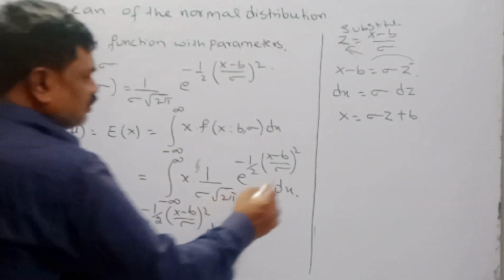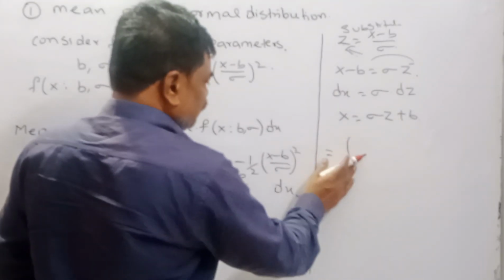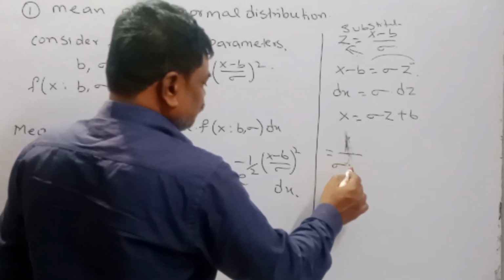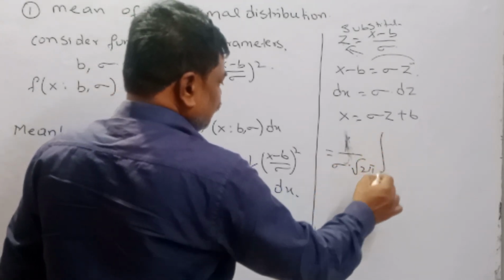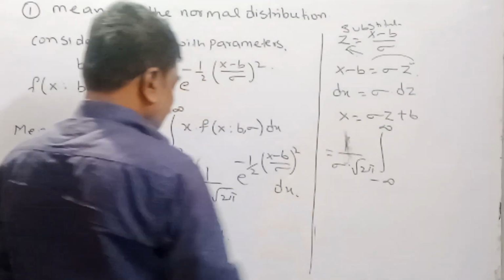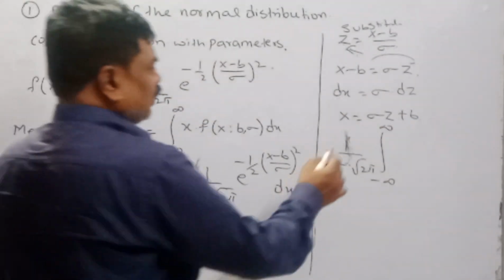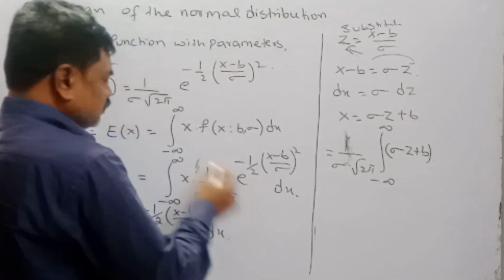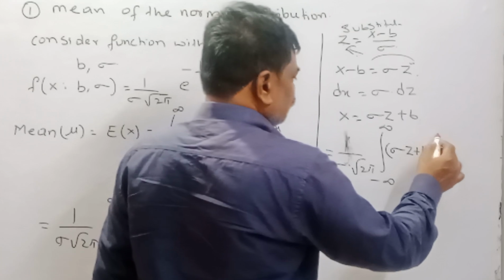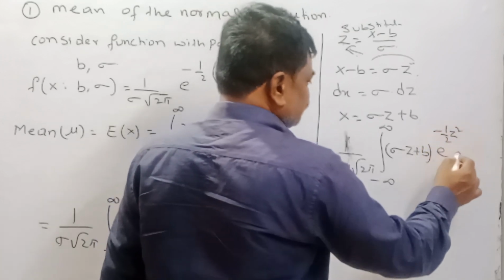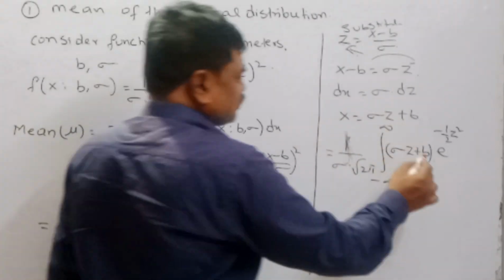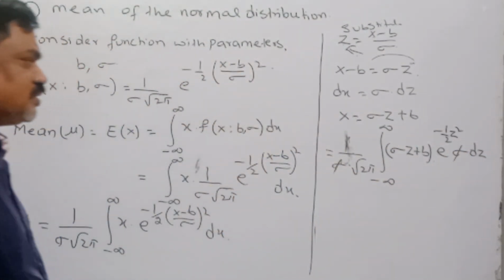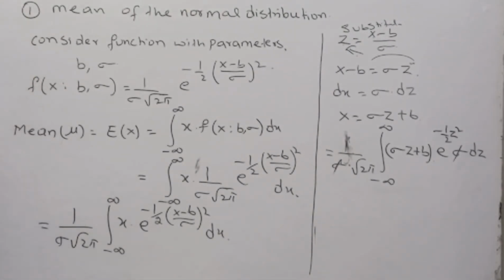By substituting here, this is equal to 1 by sigma root 2 pi integral minus infinity to plus infinity, where the x value is sigma z plus b, into e power minus 1 by 2 into z square, and dx is sigma into dz. Sigma cancels out.